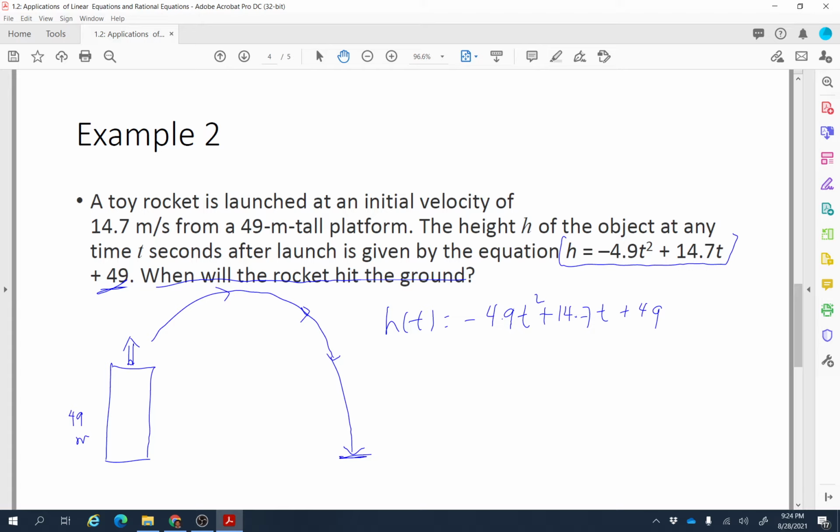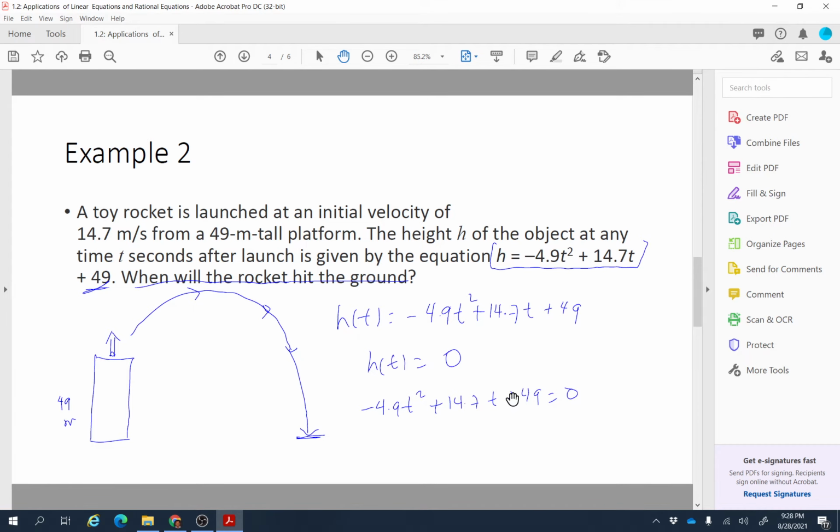So we want to solve this equation when the height is 0. Height means this expression is 0: negative 4.9 t square plus 14.7 t plus 49 equals 0. So this is the quadratic equation, and we would like to find the solution for this equation. There is a quadratic formula we can use.